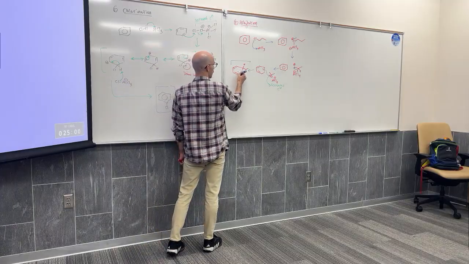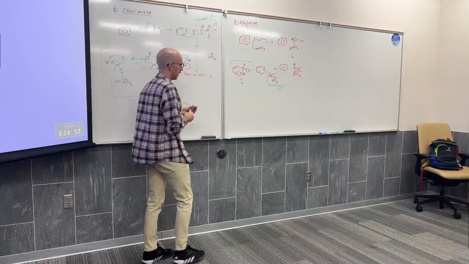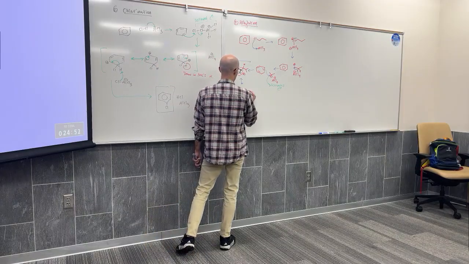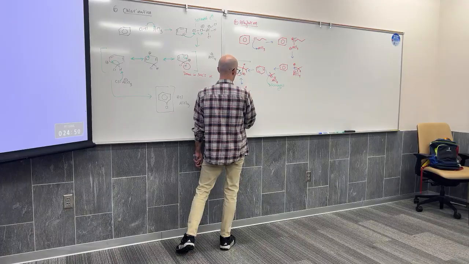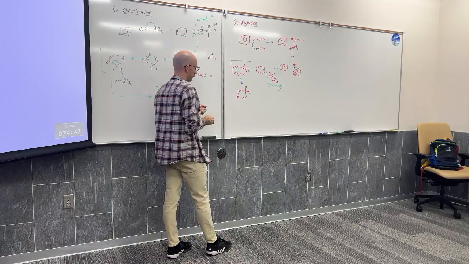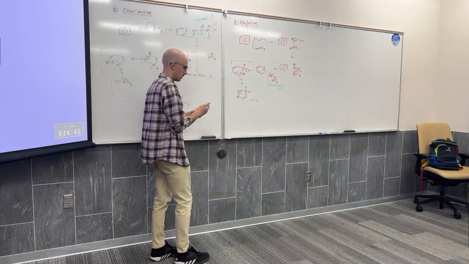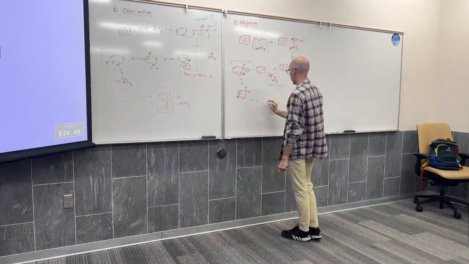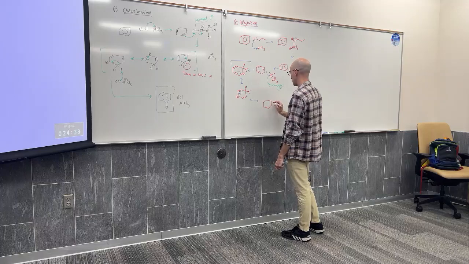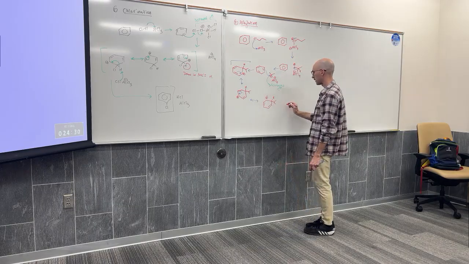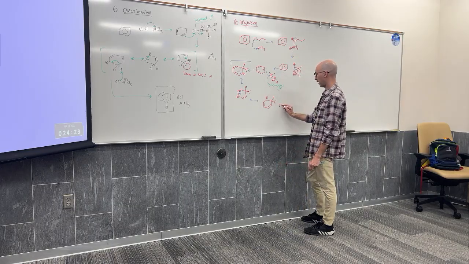High electron density to low electron density, I move my pi bonds towards the positive charge. One more resonance form. At the end of my resonance structure, I'm going to highlight AlCl4 minus again.